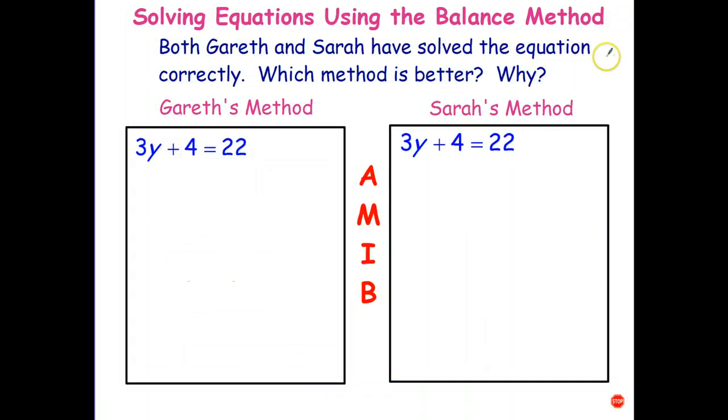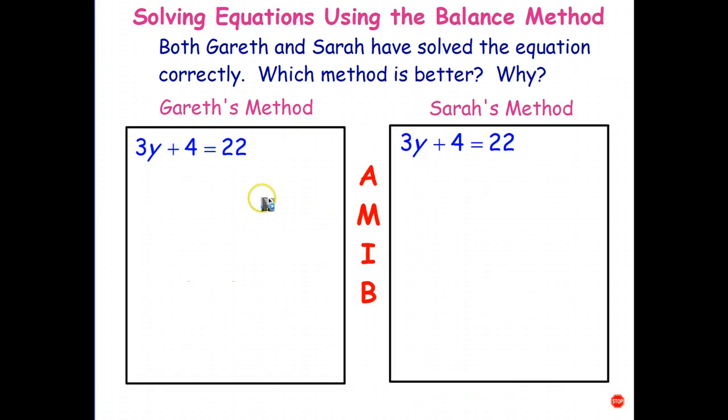Okay, just to finish off this video, it turns out you've got some choices as to what order you undo your operations in, but some orders are much nicer than others. So let's have a look at how Gareth solves the equation 3y plus 4 equals 22. Gareth says, oh, I'm going to divide everything through by 3. So he's not really using AMIB.